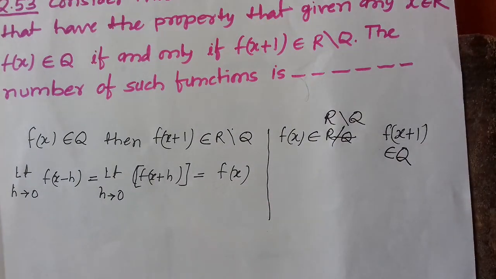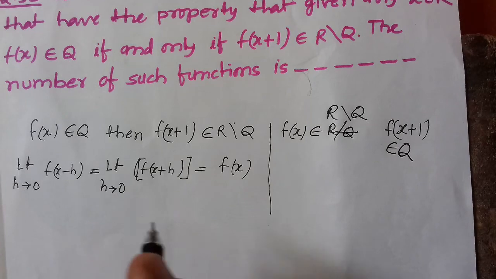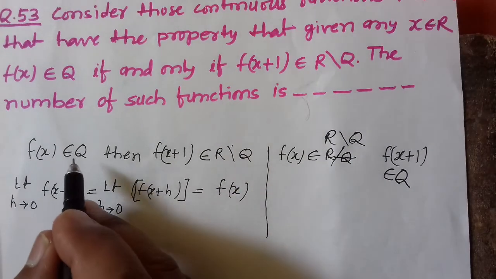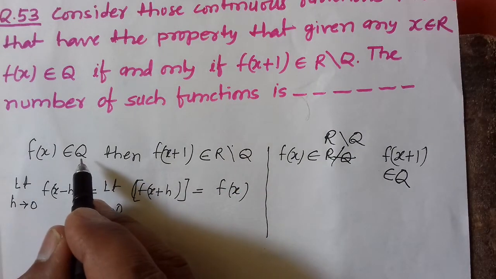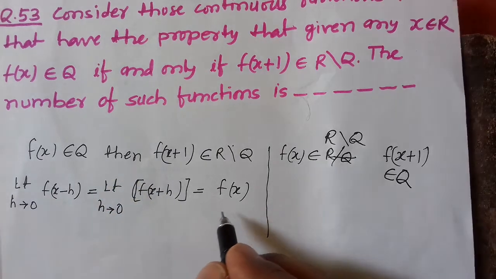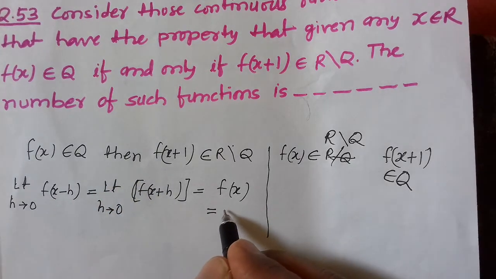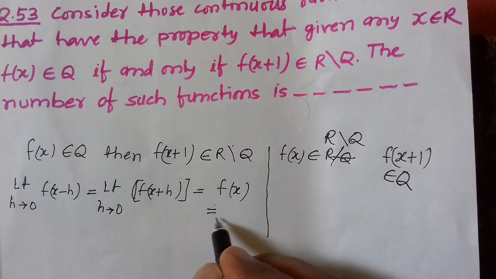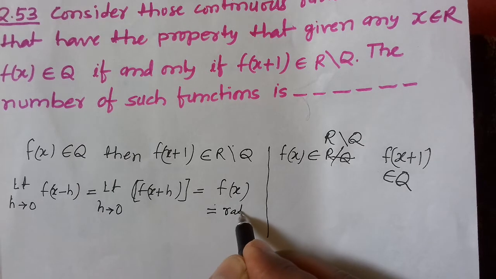In other words, we may write, and here you see this f(x) is a rational number, so this is an irrational number.